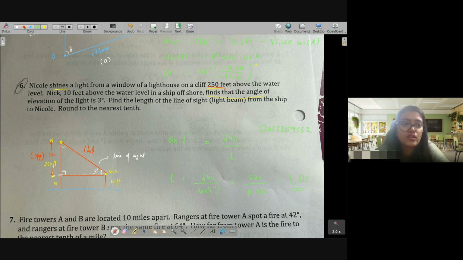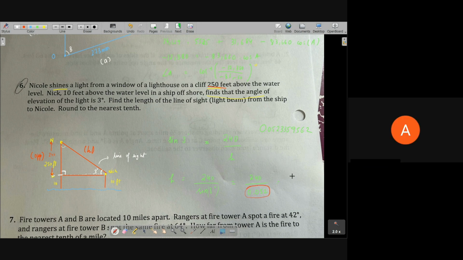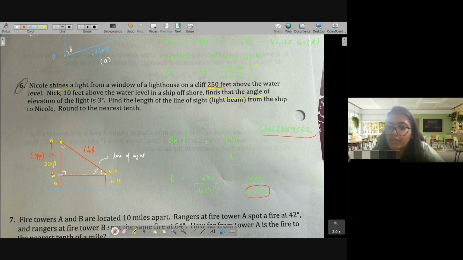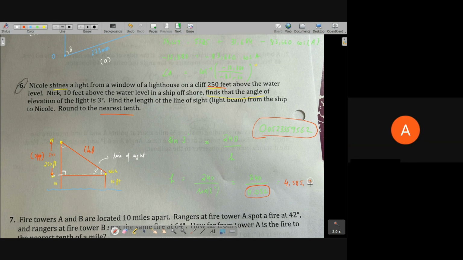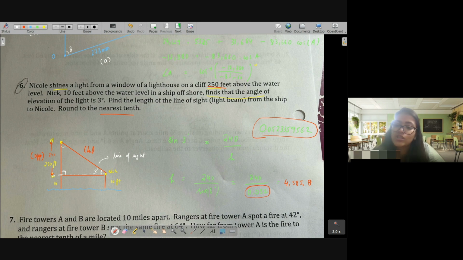Okay, understood. Now I'm getting the same thing, because I rounded off this number earlier. But if you take this exact number, then you have to round it to the nearest tenth, so it will be 4,585.8, because the next digit is 5.